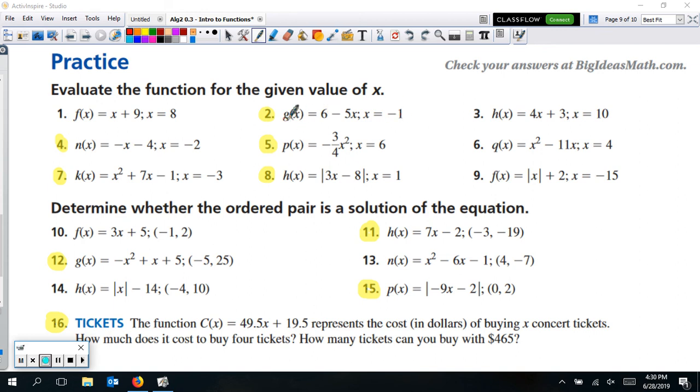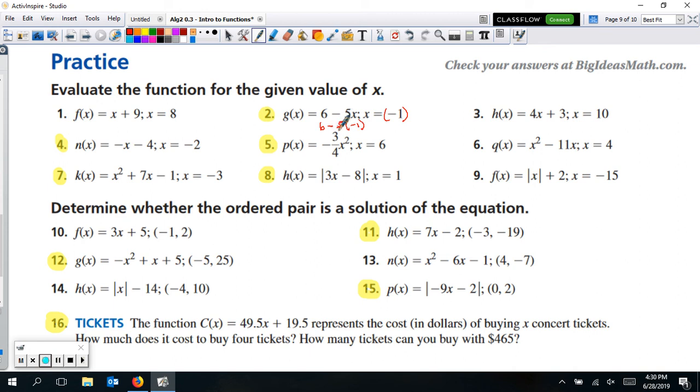Here's where we're deciding if it's a solution. So -1 goes in, it's going to be 6 minus 5, and then in parentheses, you have to put this in the parenthesis in the function. So -1 goes in here. So we need to see that -1 is going to multiply -5. Negative times negative is positive.